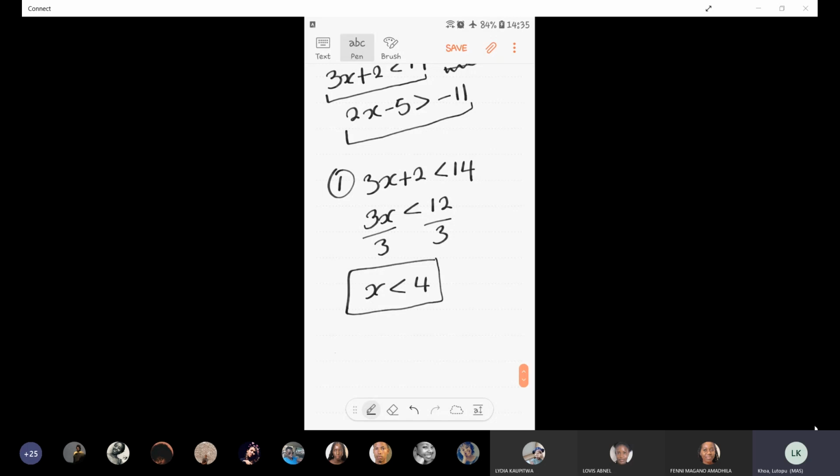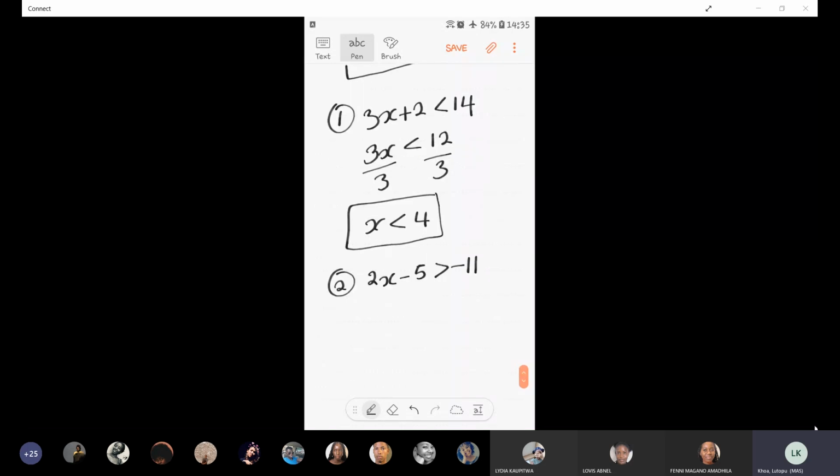Then equation 2 says 2x minus 5 is greater than minus 11. So again, we want to isolate x, so I will add 5 on both sides. So I have 2x is greater than negative 6, and then I will divide by 2 on both sides.